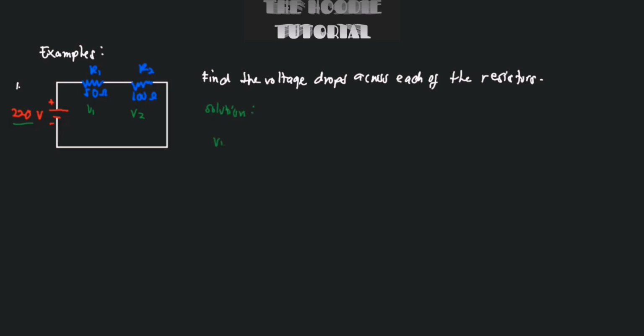V1 is just equal to VT multiplied by R1 over RT. Our RT, since this is series, is just equal to R1 plus R2. R1 is 50 ohms, and R2 is 100 ohms. Therefore, RT is equal to 150 ohms.